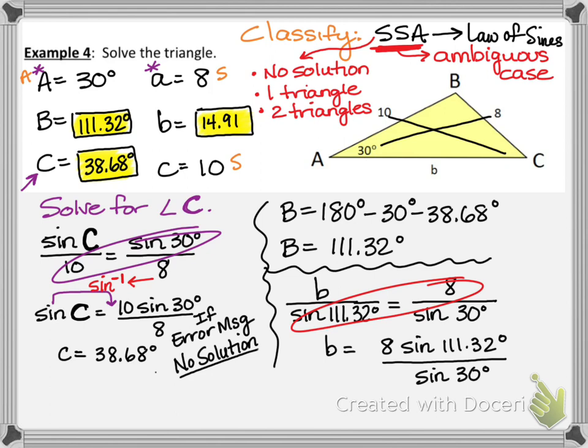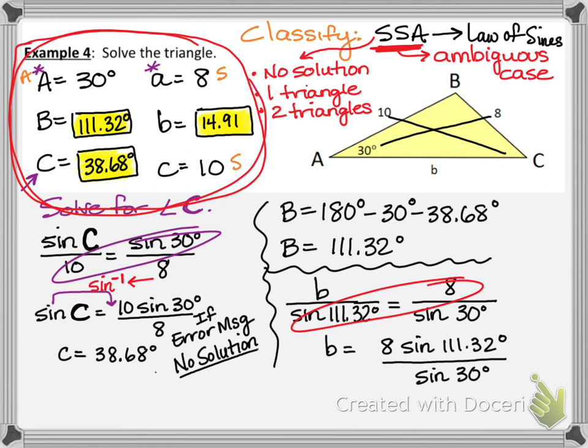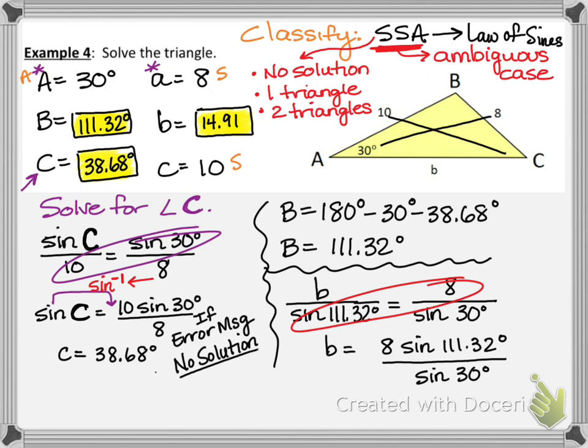In our problem that we've worked out so far for SSA, we were able to find 1 triangle. How do I know this? Because what I'm circling right now is all the information for 1 triangle. But I'm not sure if there is a second triangle.